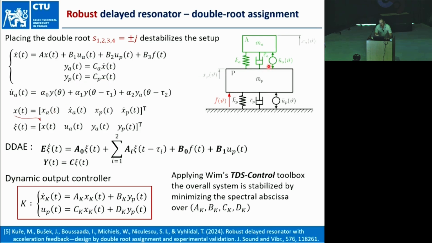So in our procedure, first we design the distributed delay feedback to place the double root, and then we stabilize it using a dynamic controller and TDS control of Wim Michiels and his co-workers. For that we first turn the whole closed loop system to delay differential eigenvalue equations, and then use TDS control.